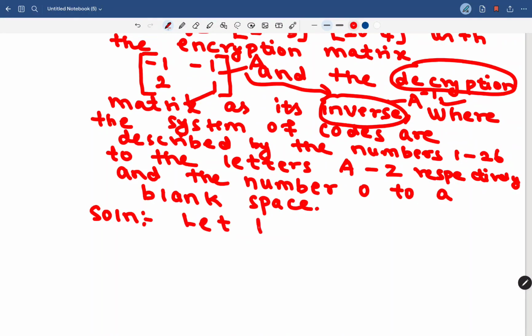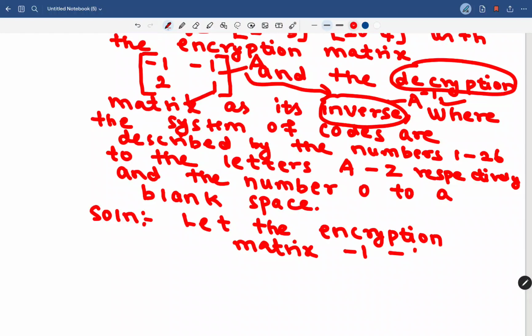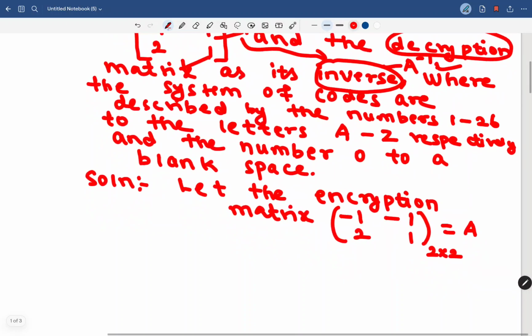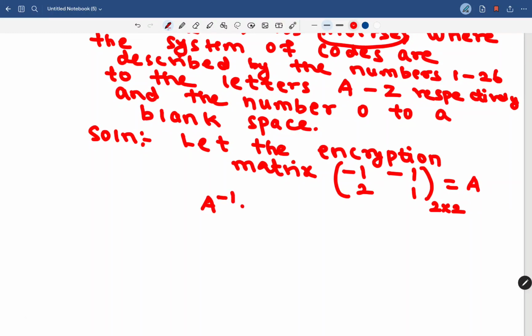Let the encryption matrix, with rows minus 1, 1 and 2, 1, be taken as A. It is given in the problem that for this encryption matrix, the decryption matrix is its inverse, that is A power minus 1, which is nothing but the decryption matrix.